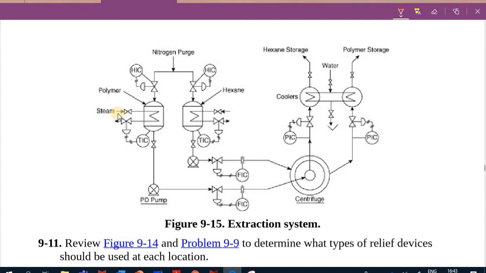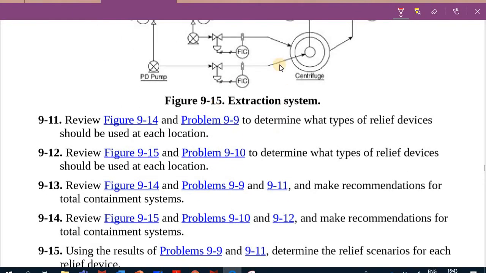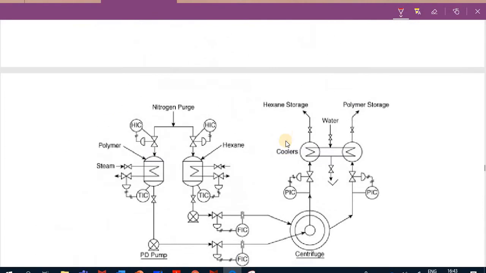So I need to put a relief valve on the steam line as well. So this is generically how to deal with things of this kind. I already talked about it some times, but if you want to talk about the same problem, determine what types of relief valves should be used at each location.